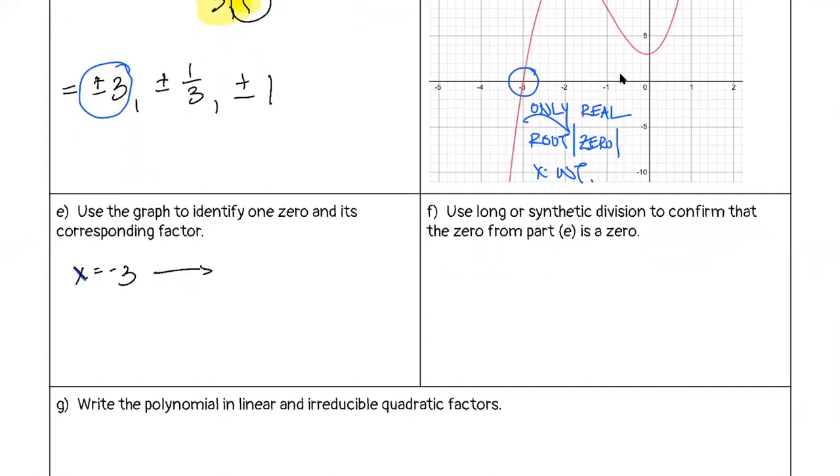is the 0. What is the factor that goes with that? So we're using the factor theorem here. If x minus 3 is the 0, then x minus -3, or more simply, x plus 3, is a factor.